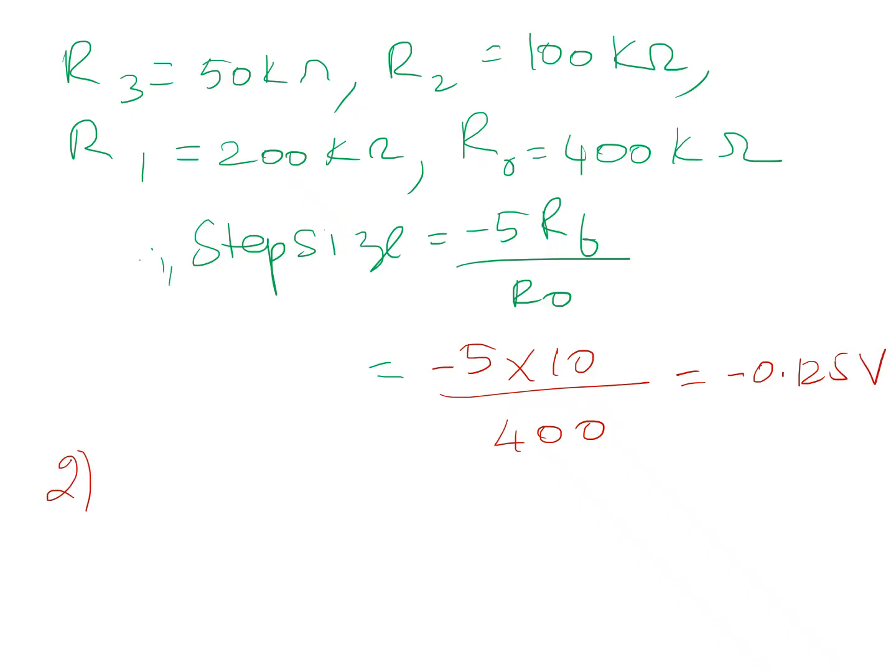The second part of the question is to calculate the full scale output voltage. The data that was given is 11111. For this data, we need to calculate V out FS, that is full scale.